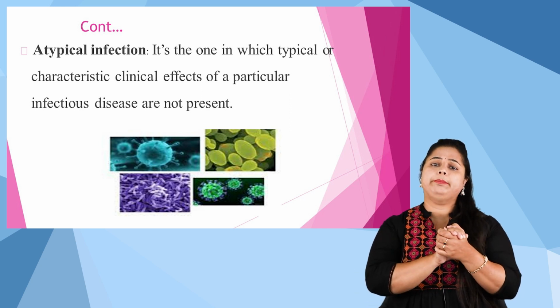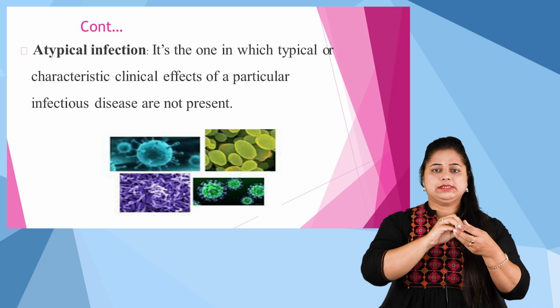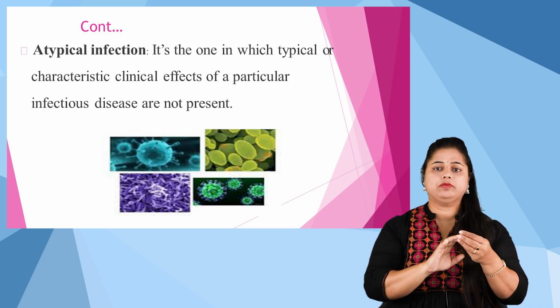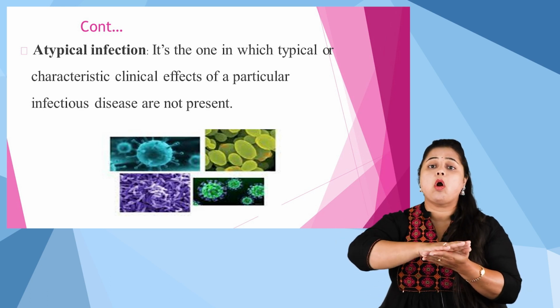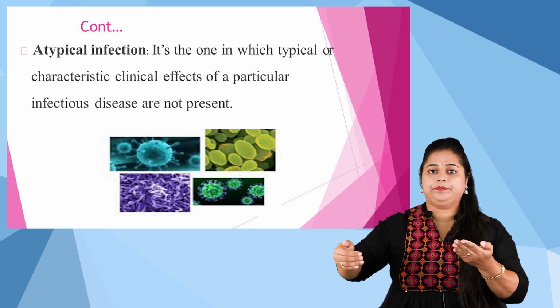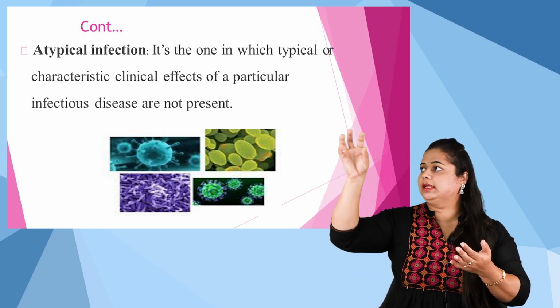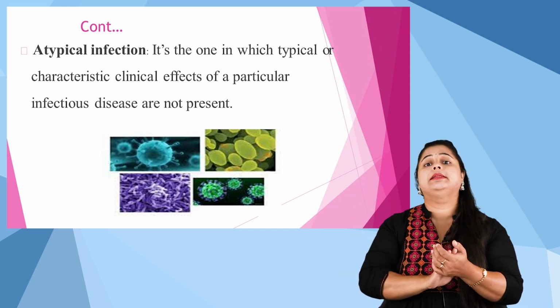But here in atypical, some of the first type of disease symptoms are there, the second type also, the third type also. That means it is a mixture of all the other things. Not everything: from the first disease fever is there, from the second disease rashes are there, from the third disease redness is there, from the fourth disease erythema is there.